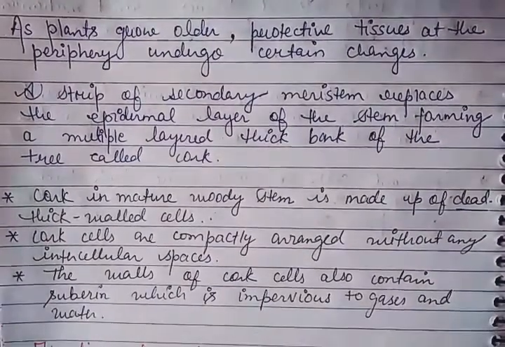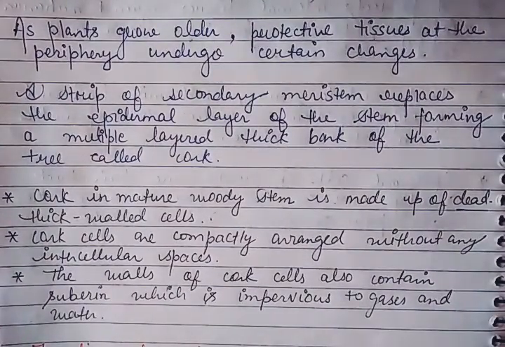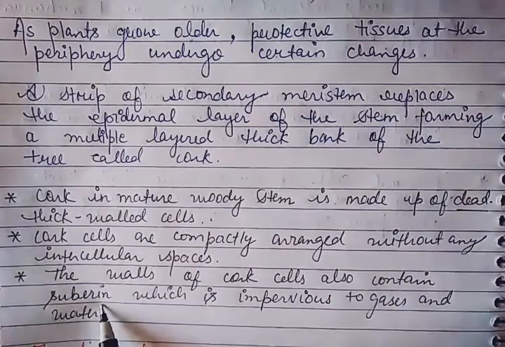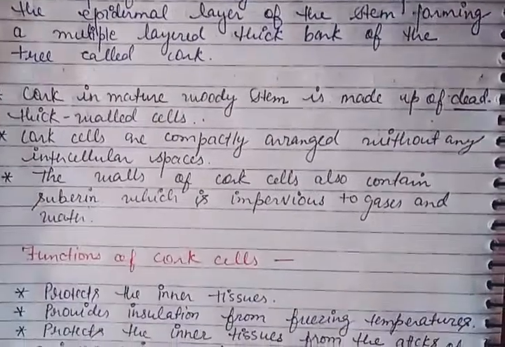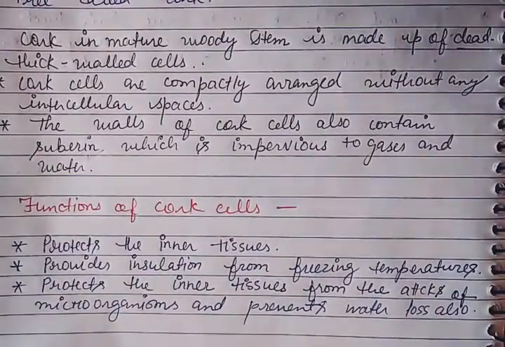Because it is the outermost covering of the plant's body, it has to protect the plants from the loss of water, harmful gases or any kind of invasion of pathogens. That's why the wall of the cork cells contains a substance called suberin, which is impervious to gases and water, by which the gas and water cannot pass. Now we will see the functions of the cork cells.